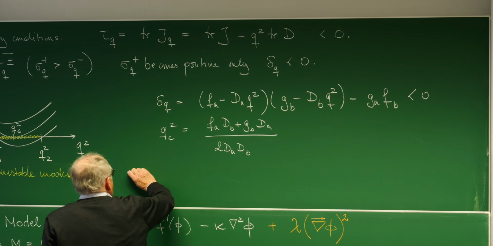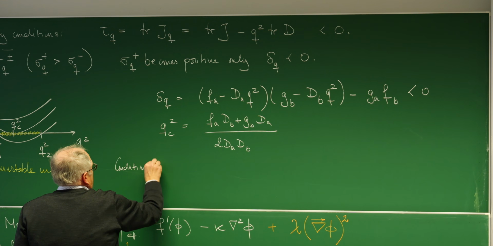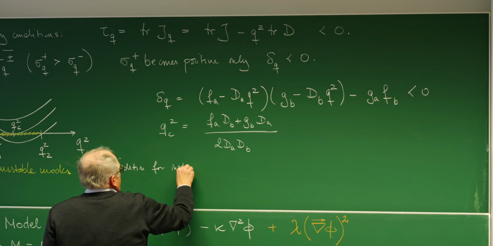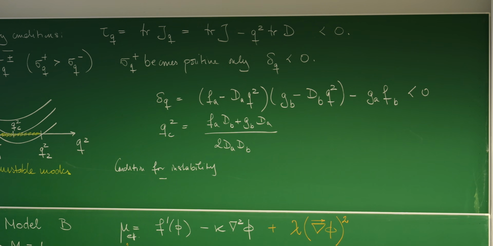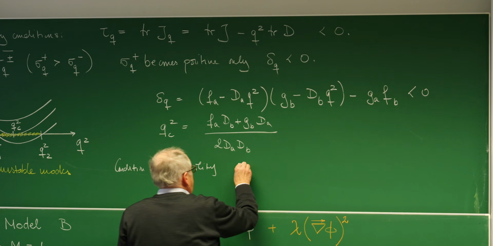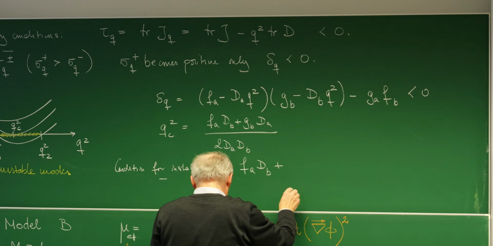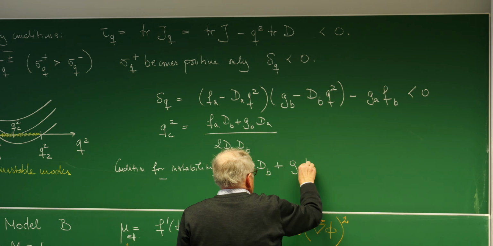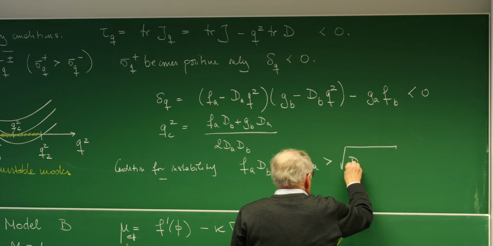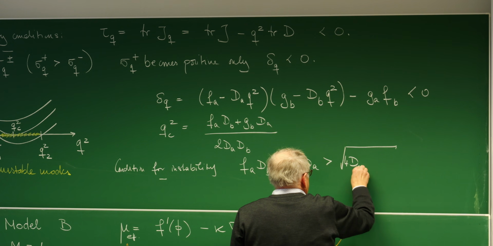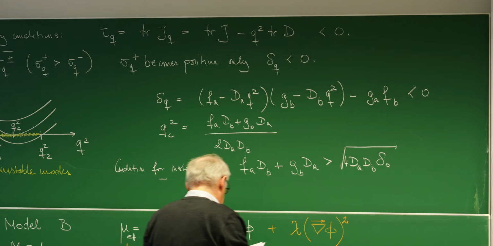And the condition for instability that you derive from doing the analysis of this function here is that you need to have f_A d_B plus g_B d_A larger than the square root of 4 times d_A d_B times delta_0.